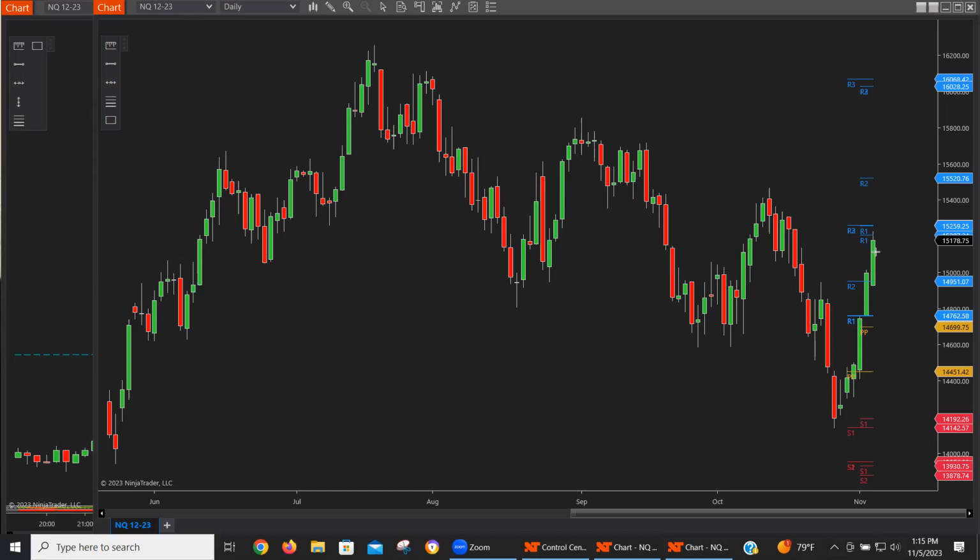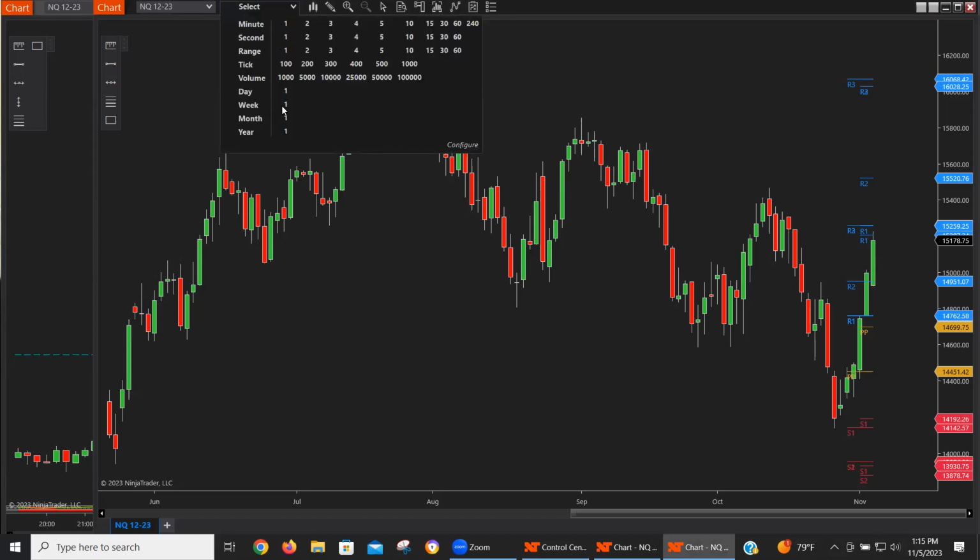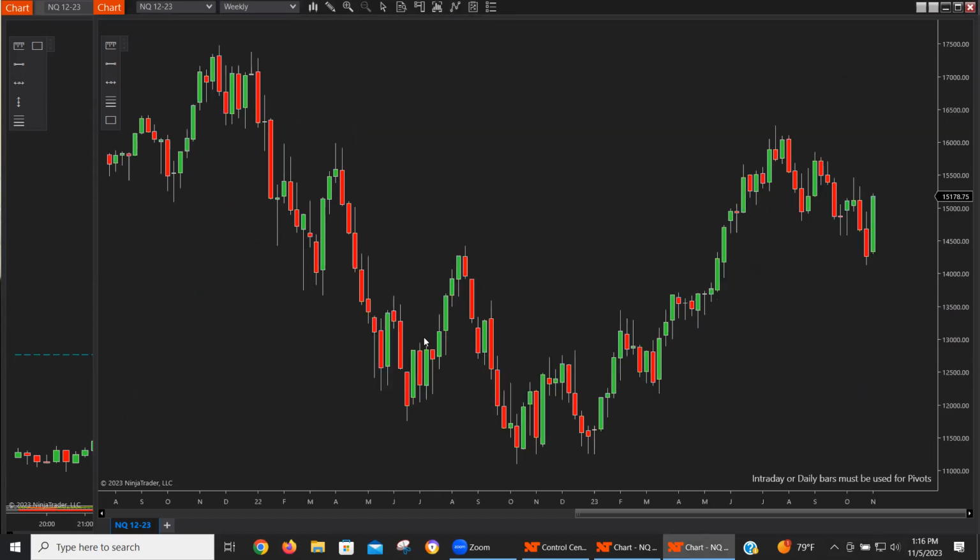So all I'm looking at on Monday, because it's the start of a new week, is the weekly chart. Each candle is a whole week.